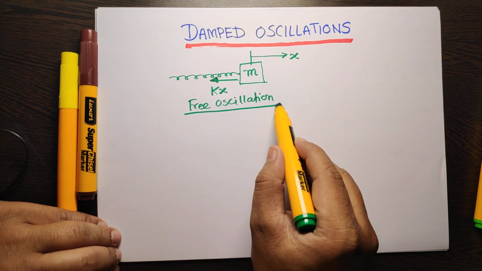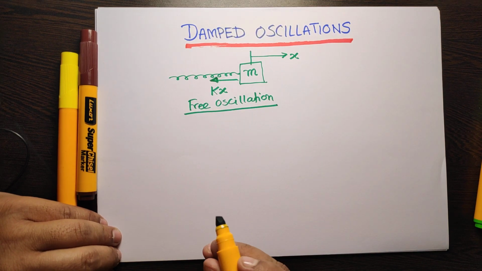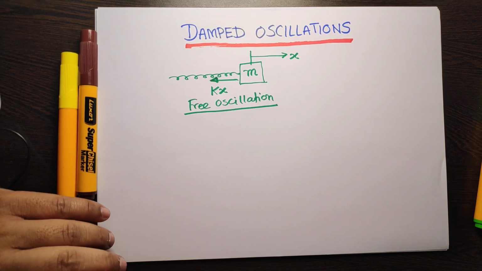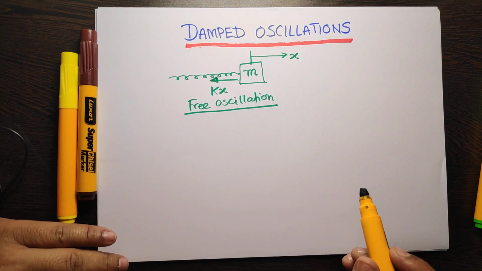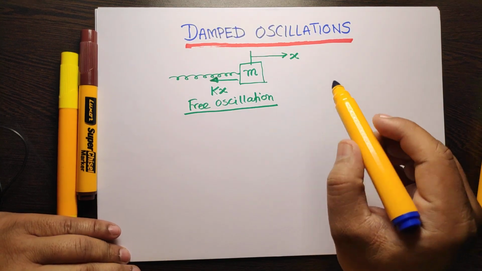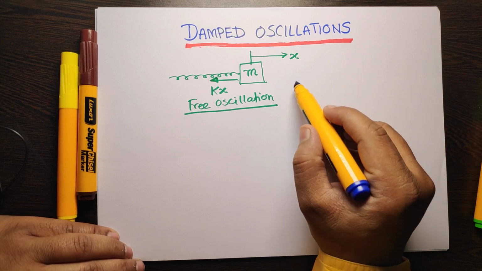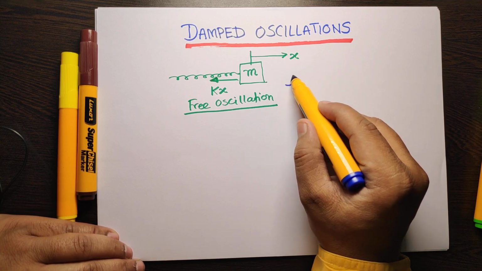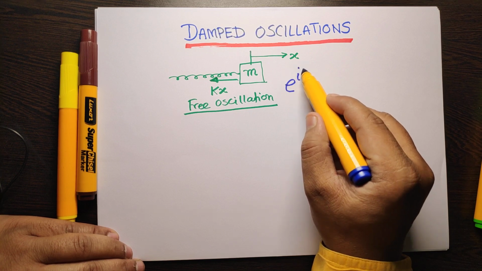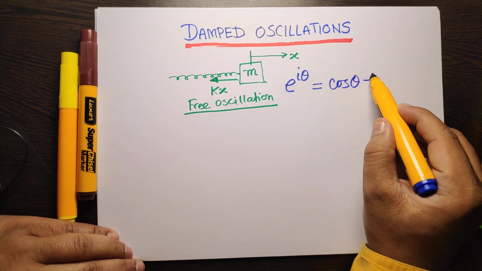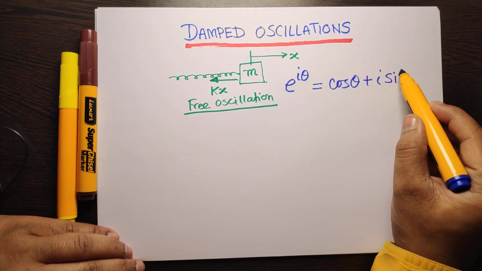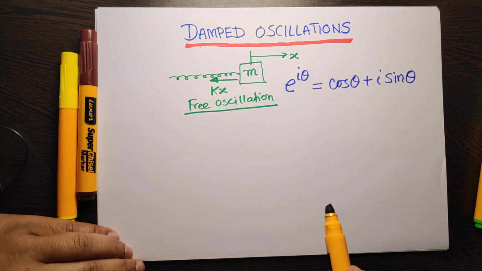Now if you remember how we derived the equation of free oscillations, we will derive it in a different way now. We will derive it by the theory of complex numbers. You know complex numbers, so e to the power i theta can be expressed as cos theta plus i sin theta, right?